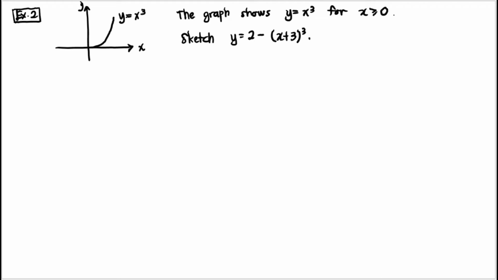Suppose we have y equal to x to the power of 3, where x is greater than or equal to 0, because the graph for y equal to x to the power of 3 is something like this, but we only consider the part where x is greater than or equal to 0. We need to consider this function. There are many ways of doing this, but one way is to start by sketching y equal to, suppose I shift it to the left side first, x plus 3 to the power of 3.